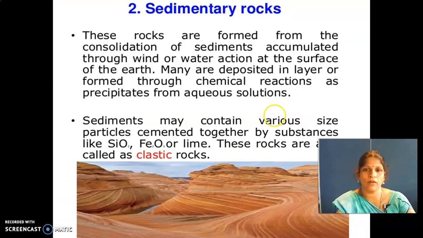These rocks are formed from the consolidation of sediments accumulated through wind or water action. Sediments may contain various size particles cemented together by substances, okay, that is water and Fe, iron. Fe means iron.